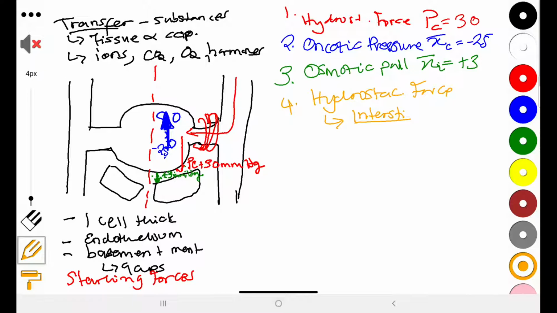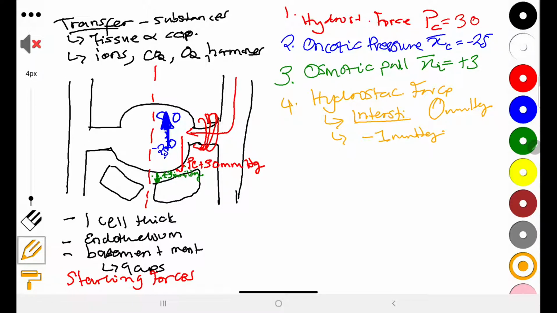Usually this is at 0 millimeters of mercury, unless there's a whole amount of fluid there, and then you might record it maybe as a negative 1 millimeters of mercury.